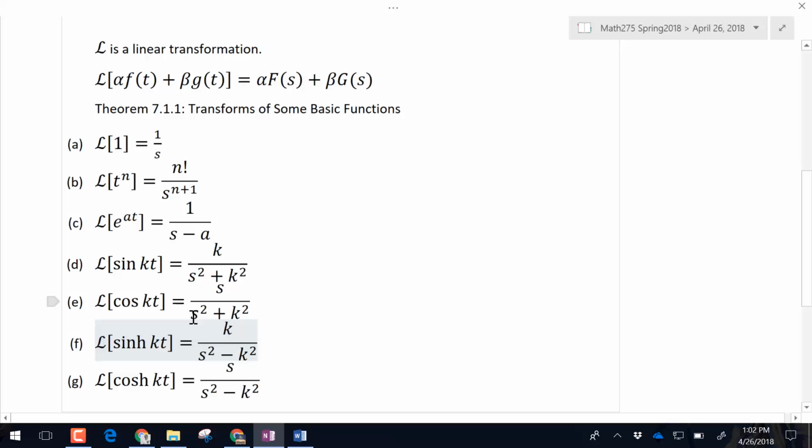So you should be ready to prove one of those during your final exam. I probably won't do the sinh or cosh, but anything up here, between t to some power, e to the at, or sine or cosine, you should know how to prove it.